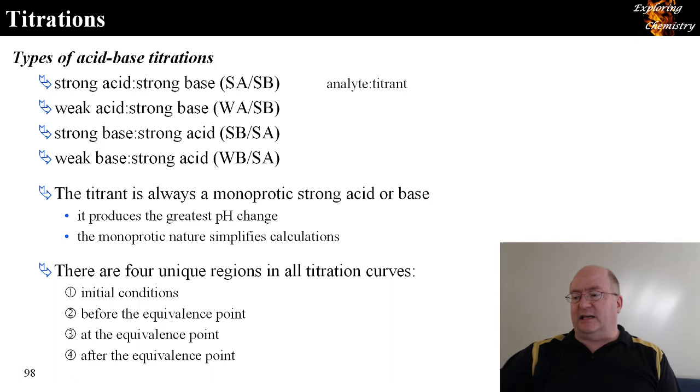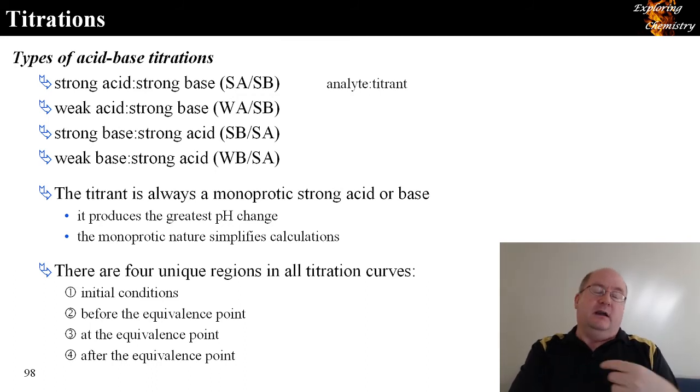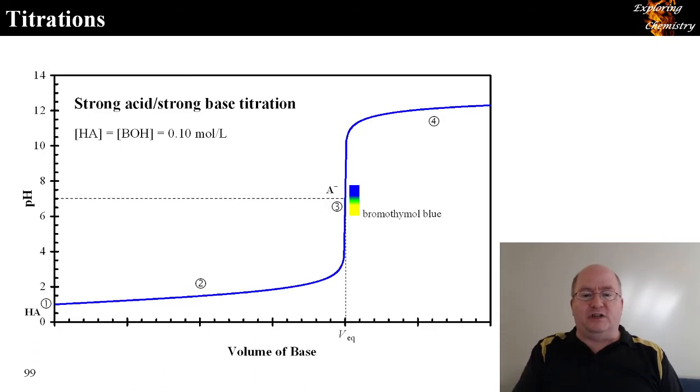And so in the titration curve, there are 4 unique regions: the initial conditions, before the equivalence point, at the equivalence point, and after the equivalence point. We're making the assumption that we're going to see what happens with the indicator when we choose different indicators on the next slides. So those 4 regions are represented here. On the bottom left, the initial conditions: just your analyte is present.